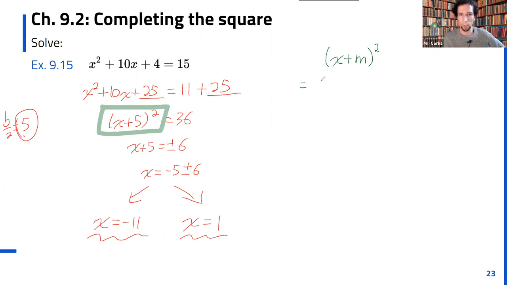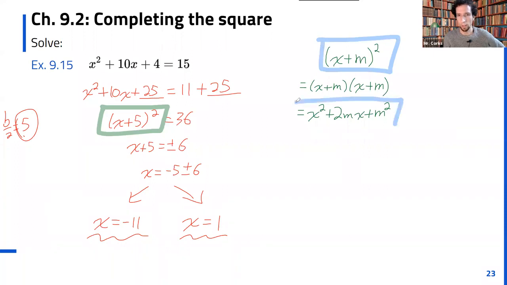If we work that out, x plus m, x plus m, so x squared plus 2mx plus m squared. So we're remembering this connection between this thing and this thing, and we are just working backward.